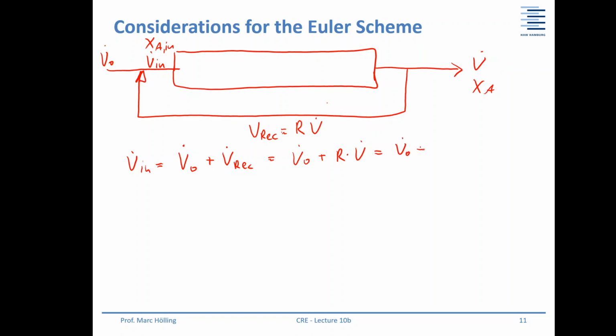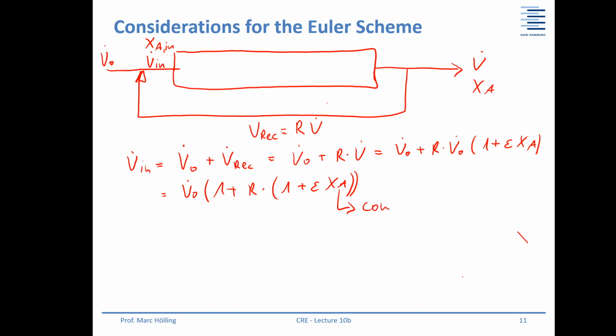So V dot 0 plus R times initial volume flow, 1 plus epsilon and the conversion. Okay, with this you can put your initial volume flow in front of your expression: 1 plus R times 1 plus epsilon XA.